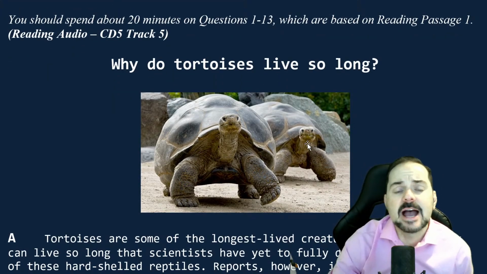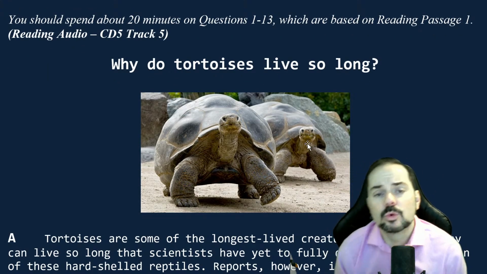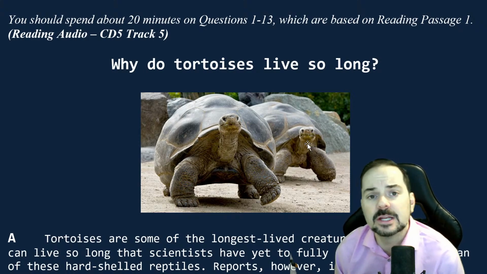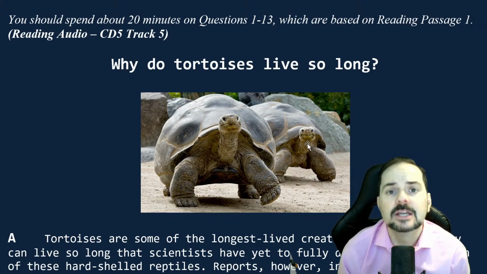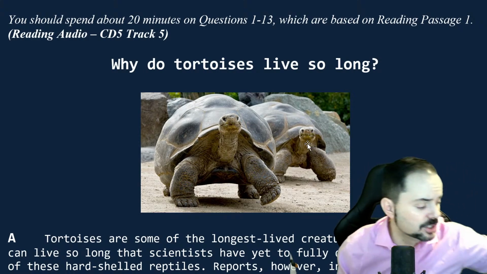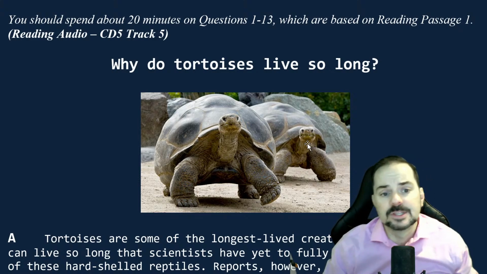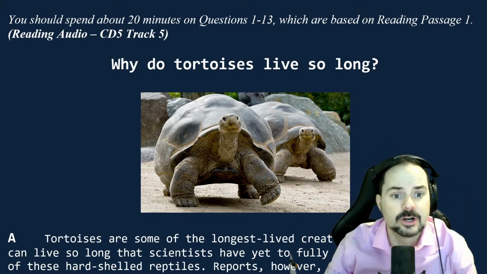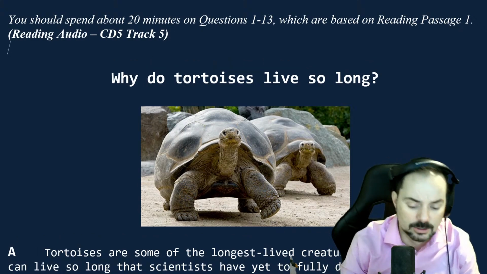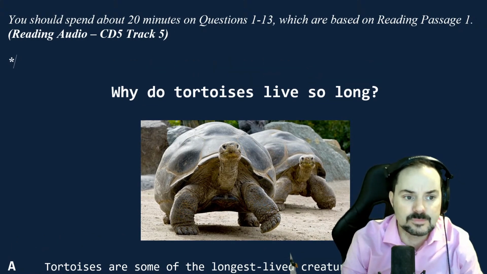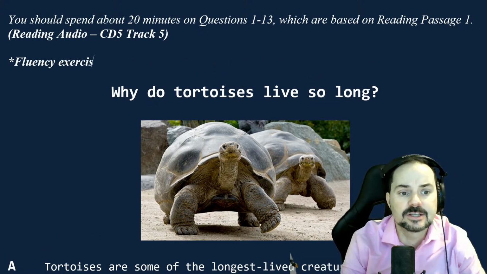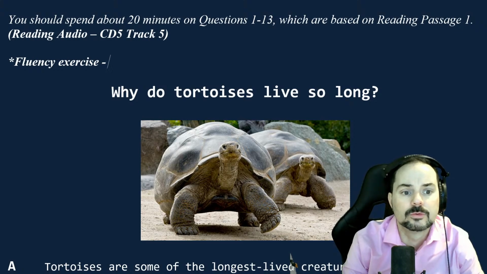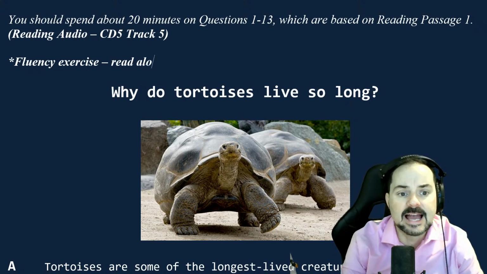Okay. So now what we're going to do, everybody, is we're going to work together through this passage to read it, to build our reading fluency, to build our reading comprehension. And this is a fluency exercise here for the start, okay? Fluency exercise, read aloud.